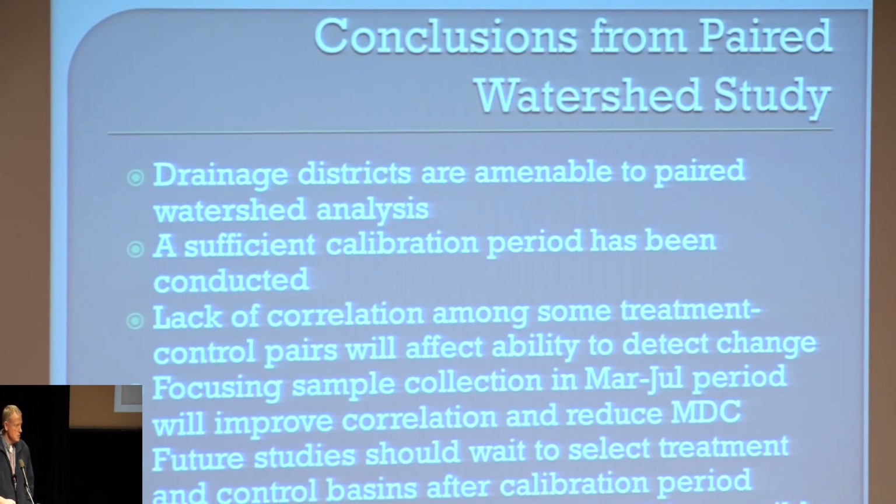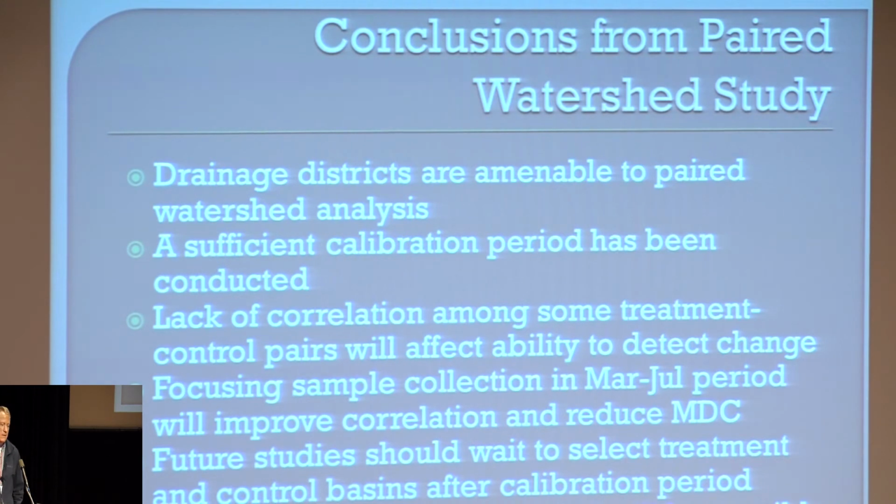Some conclusions from this part of the study. Drainage districts and these tile sheds are very amenable to paired watershed analysis, especially if you focus on the time periods where they're actively flowing, March to July. If you have a lack of correlation, it's going to affect the ability to detect a change in the future. So it's really critical to see how well they're correlated before you invest in long-term monitoring for treatment.